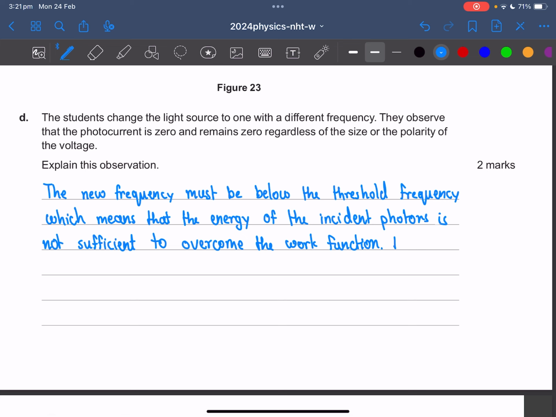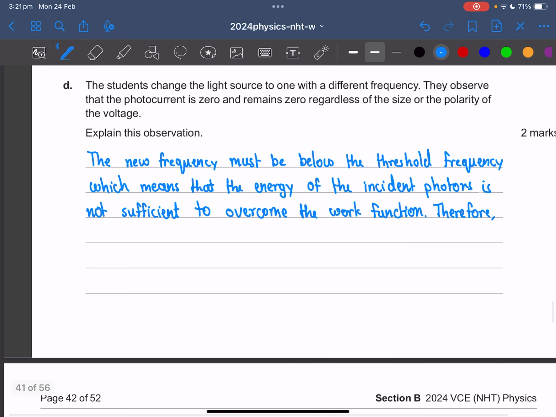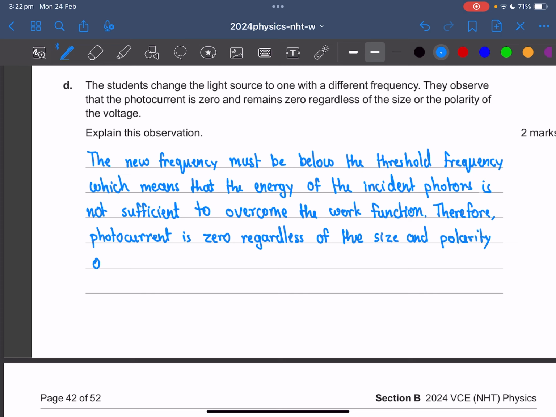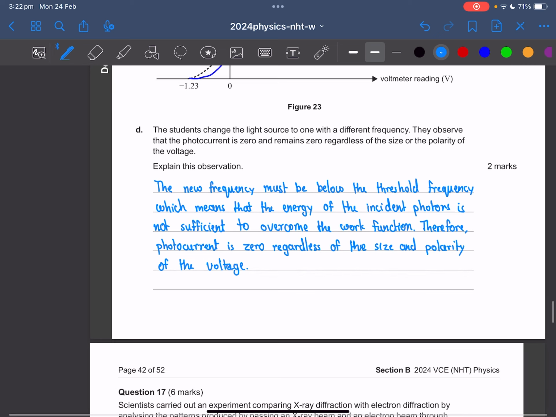Therefore, the photocurrent is zero regardless of the size and polarity of the voltage.